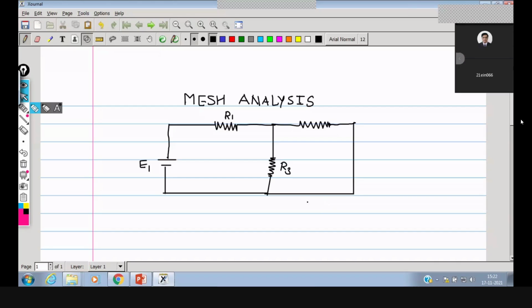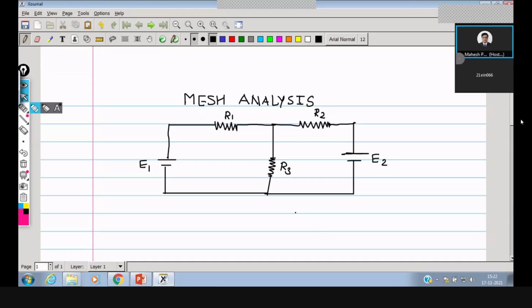And we can have one battery here also. So we can keep another battery named E2, and here we can name R2. Okay, so this is the network having two different voltage sources.